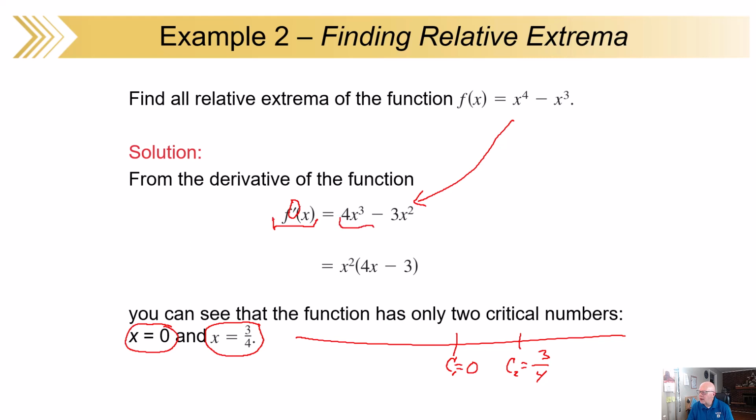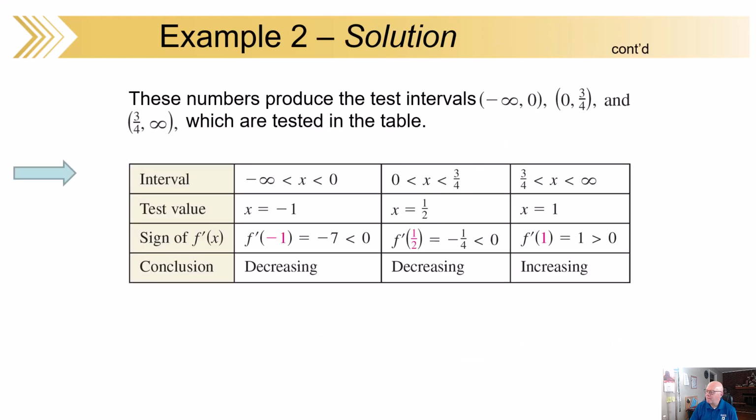This value right here never becomes undefined. And you might take note that the undefined part, that's when the derivative has a denominator that becomes 0. That's what makes it undefined. Anyway, we'll see one with that coming up.